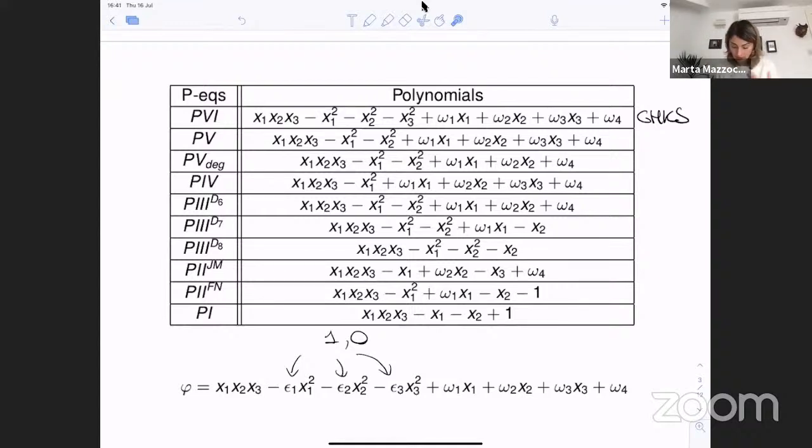I wanted just to mention this motivation, maybe if there is somebody who is more interested in integrable systems, and that was what was in the back of our mind. I would like to spend a couple of words on some geometry as well here.